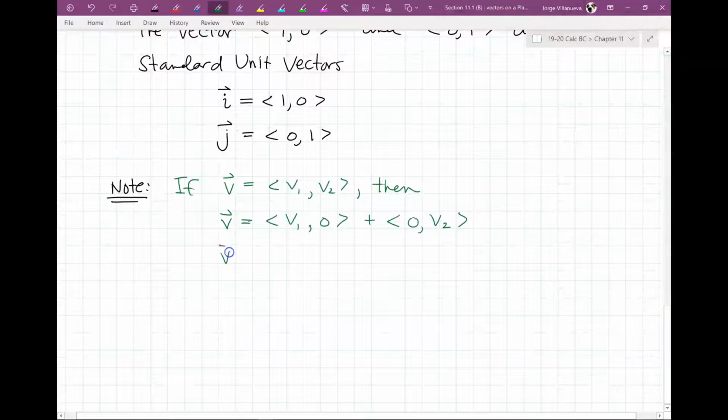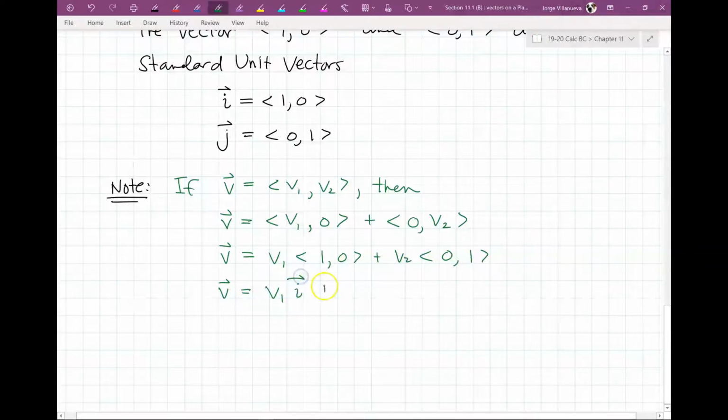Now, notice if I factor out V sub 1 from the first one, I get 1, 0. And if I factor out V sub 2 from the second one, I get 0, 1. And 1, 0 and 0, 1, those are I and J. So vector V is V sub 1 I plus V sub 2 J. Okay, this is called a linear combination.